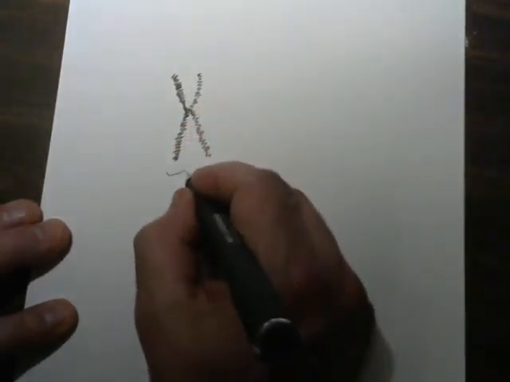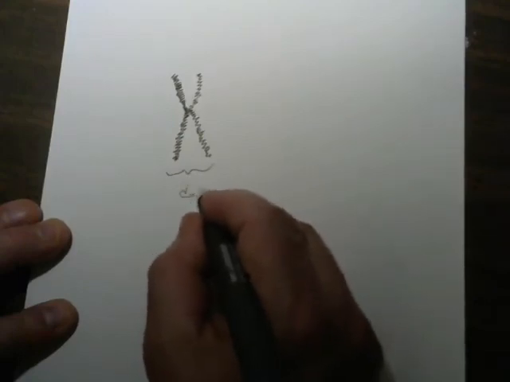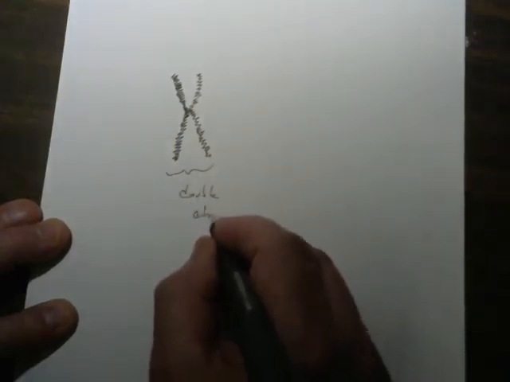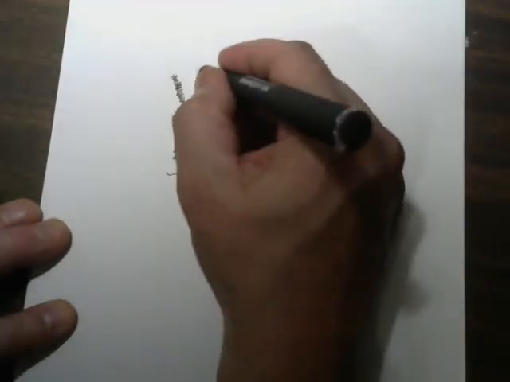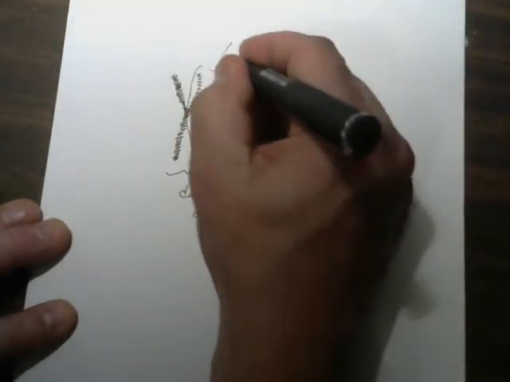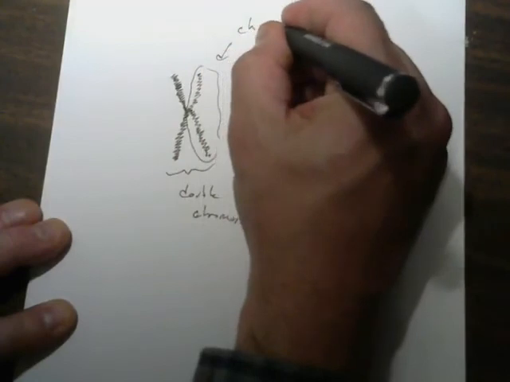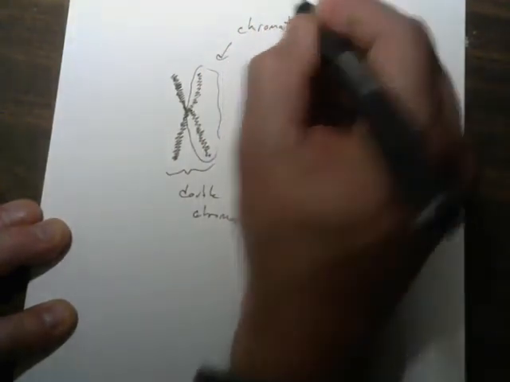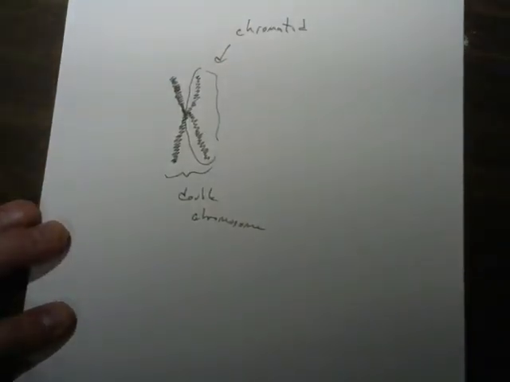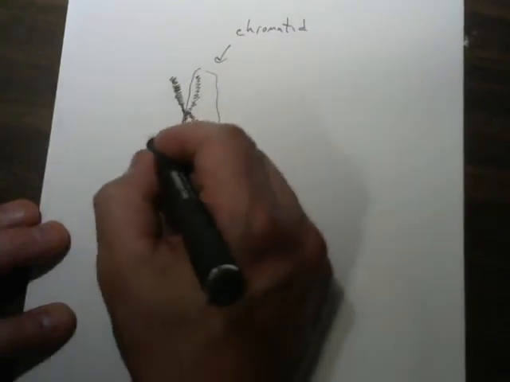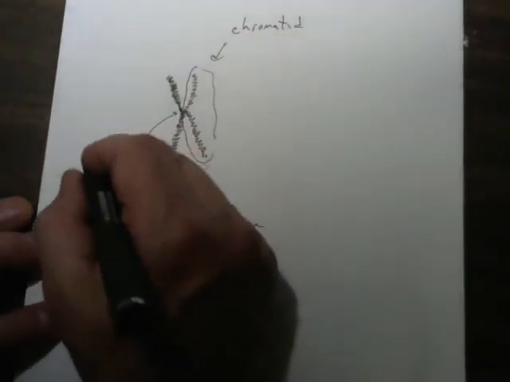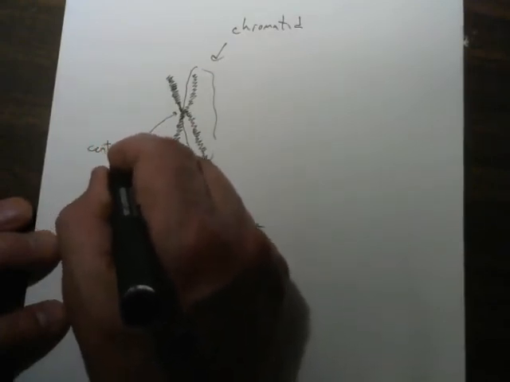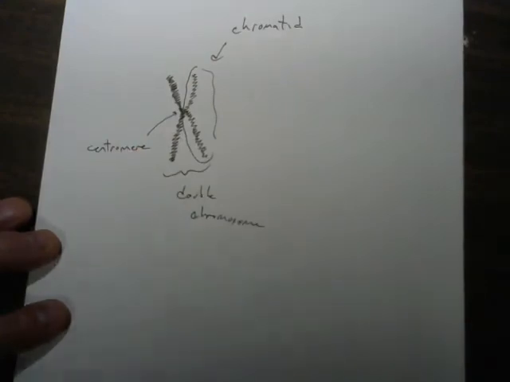Right? Remember, this is the double chromosome. This right here is a chromatid, right? The single leg of the chromosome. And in the middle, right, where they're attached, is called the centromere. All right, the point of attachment between the two.